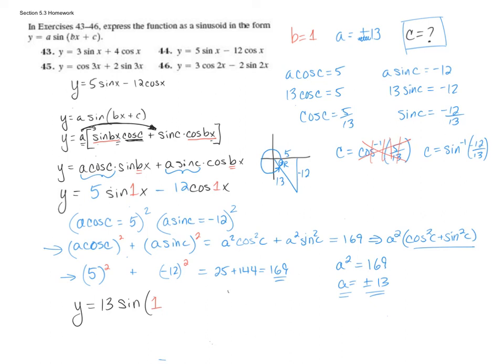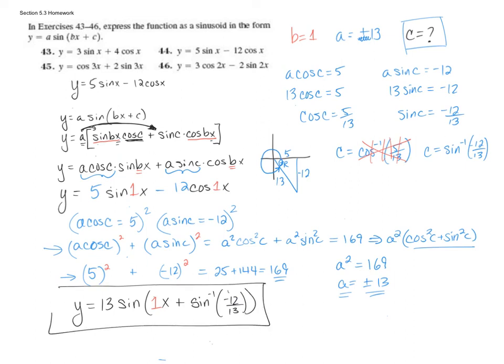We need an x, and then plus c, where we would just say c is the inverse sine of negative 12/13. That way we've done it all without a calculator and just left things in terms of inverse sine. However, again, it would be incorrect if we put inverse cosine of 5/13 because that would have given us this angle up here. All right, that ought to do it.